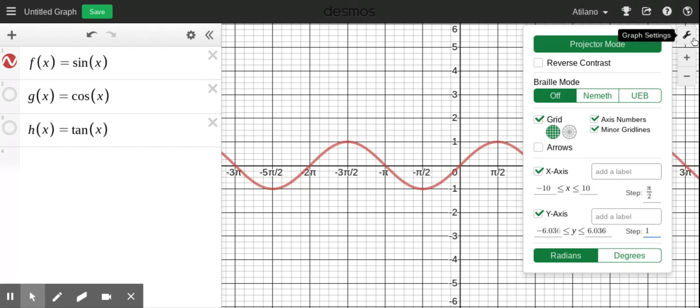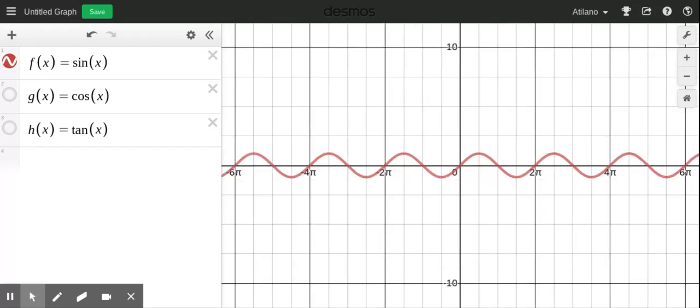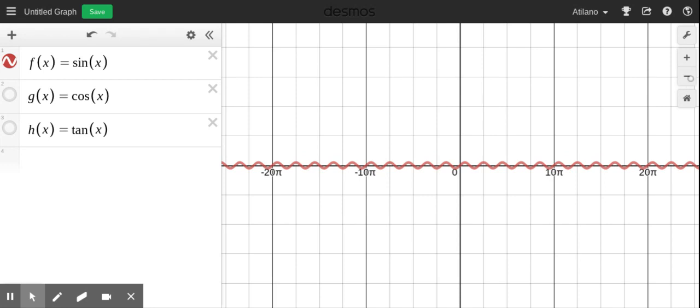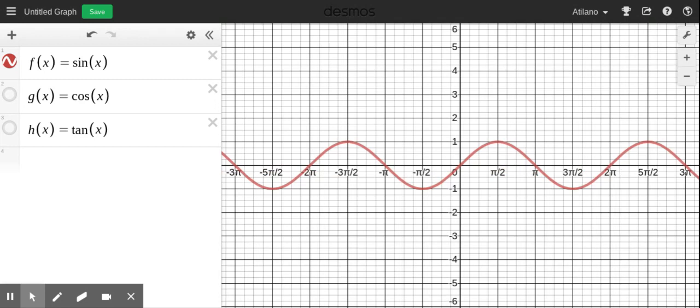So if you notice, this sine graph oscillates forever and ever. If I zoom out, it keeps oscillating, keeps oscillating, keeps oscillating, and well, you're going to get the drift. But it keeps oscillating between the same two values.